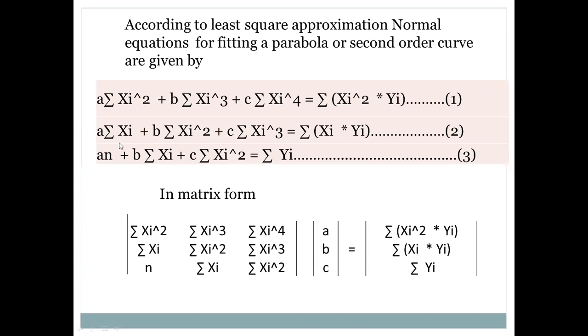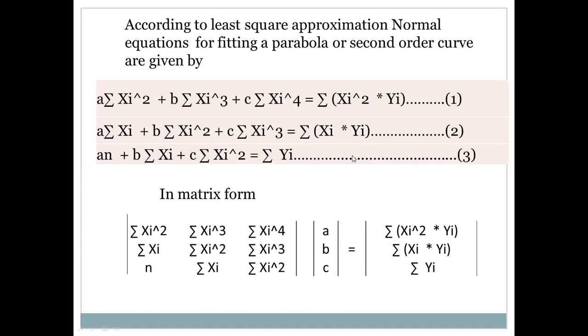Second equation, a sum of xi plus b sum of xi square plus c sum of xi cube equal to sum of xi yi. Third equation, a into n plus b sum of xi plus c sum of xi square equal to sum of yi. So these three equations are called the normal equations for fitting a second order curve by using least square approximations.